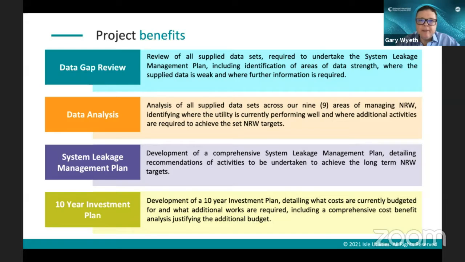The third step is to then develop the SLMP. This is basically a detailed report which outlines those 9 areas and what is being done currently by the utility, but also creating a series of recommendations of improvements. What should be done by the utility to help them improve their non-revenue water?